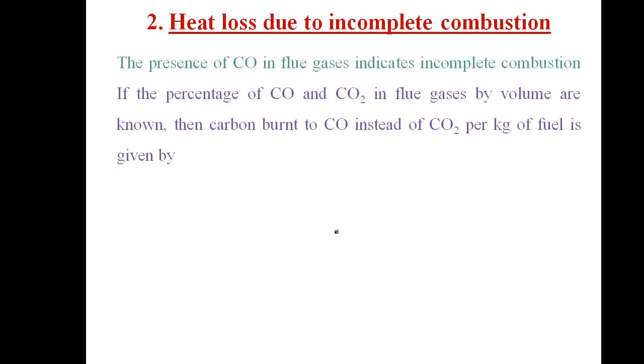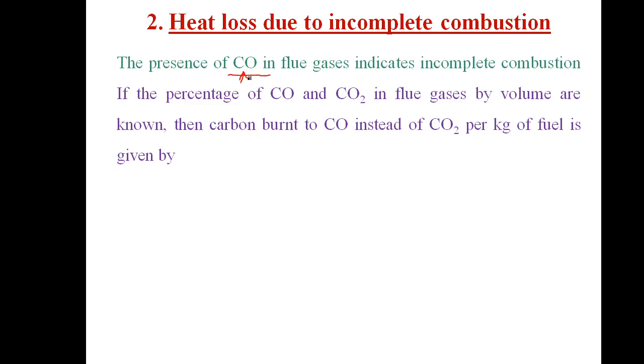Now the heat loss due to incomplete combustion is obtained. When we measure or analyze the flue gases, the gases coming out of the chimney, if there is a presence of carbon monoxide in these flue gases, then it indicates that the carbon is not burning completely, it is burning partially.